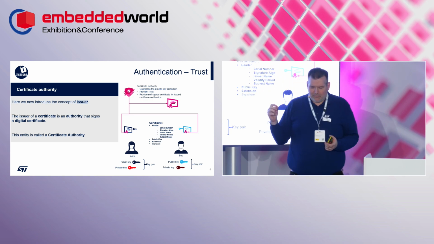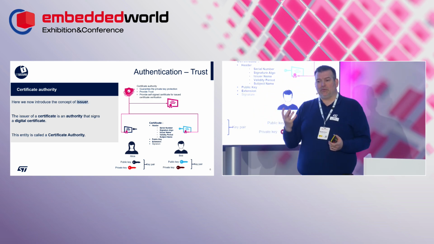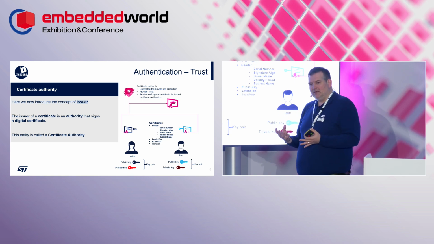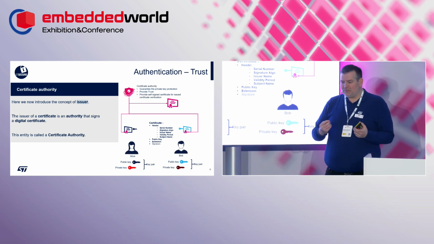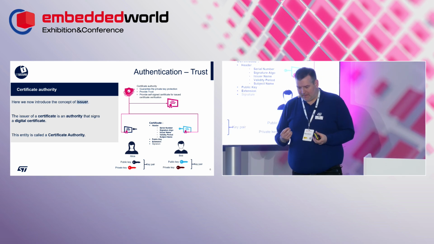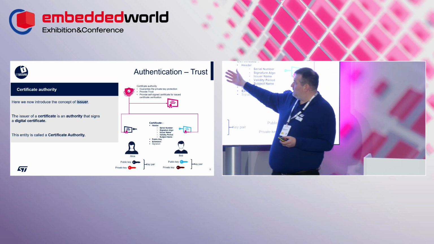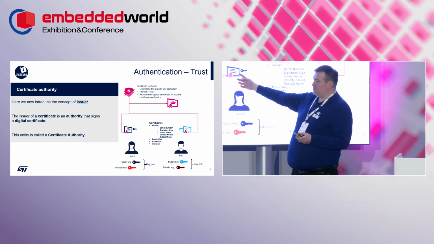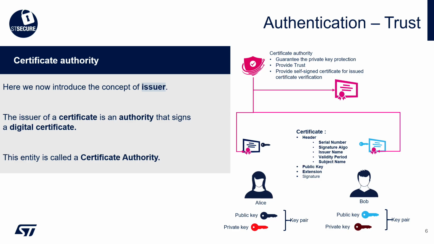And the issuer, we will call it a certificate authority. It's a third party that will sign the different certificates. So now, if we trust the third party, we can trust the certificate, and therefore we can trust the public key inside this certificate. And by doing that, when we challenge the device, we can say, okay, it's a genuine one.